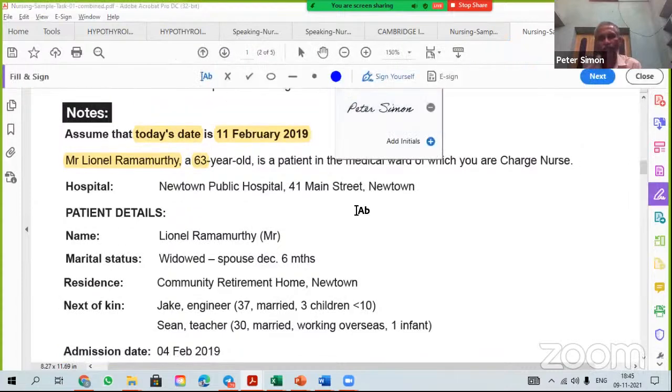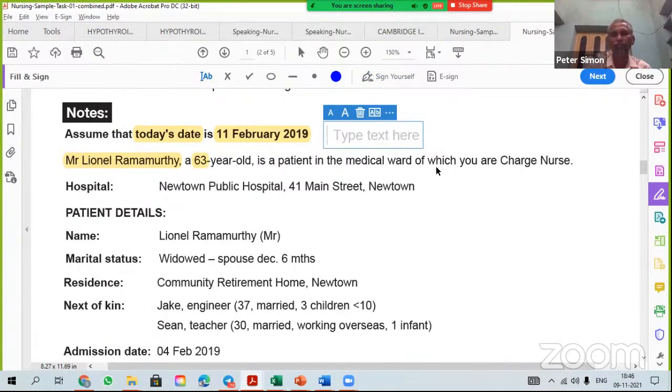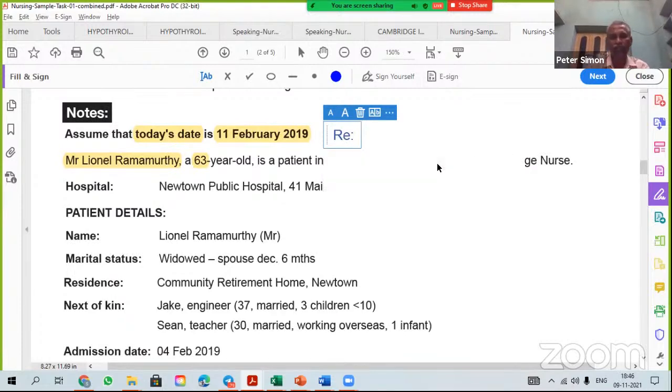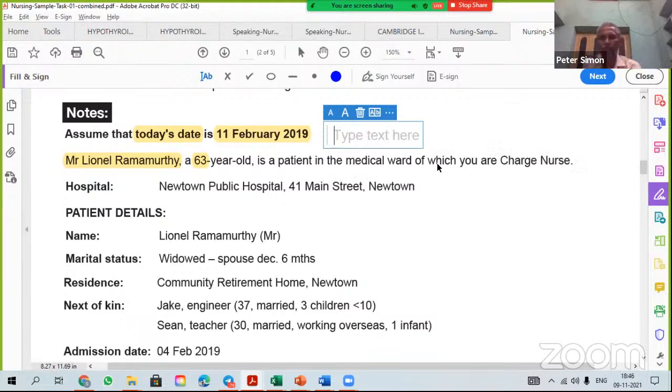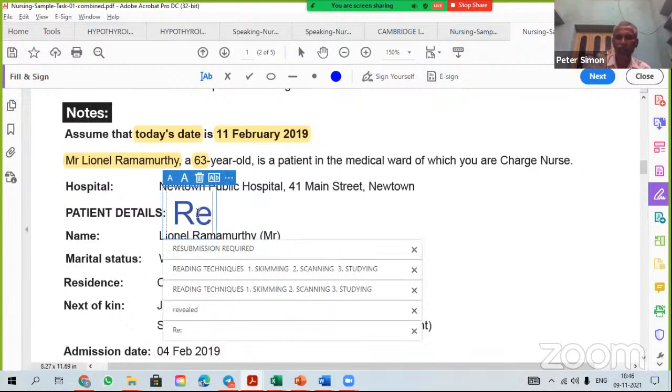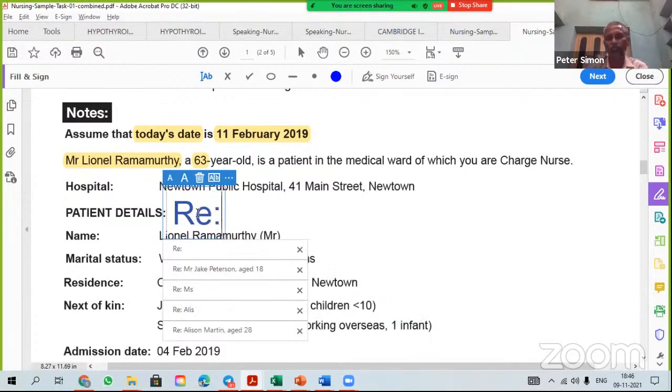Regarding: R capital, E small, then colon immediately, then a space.